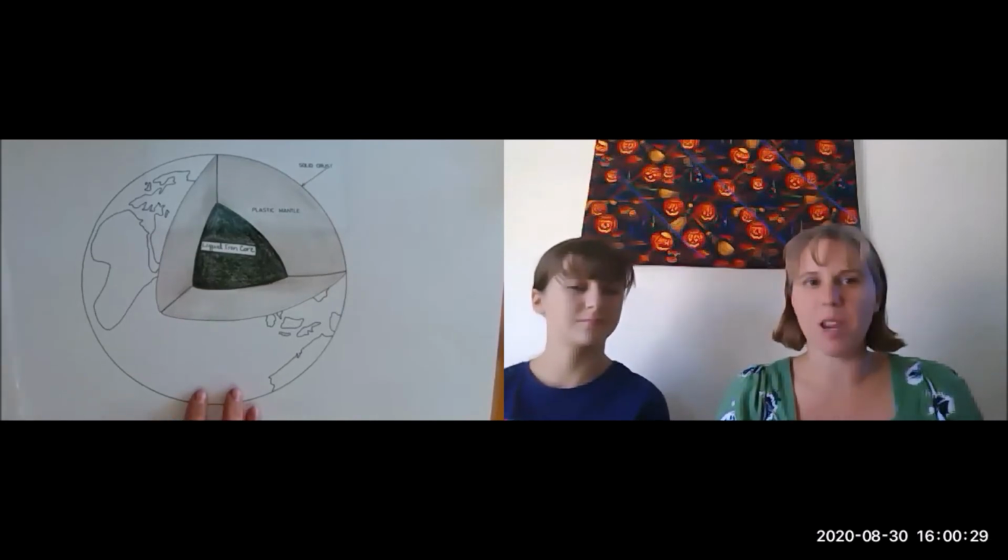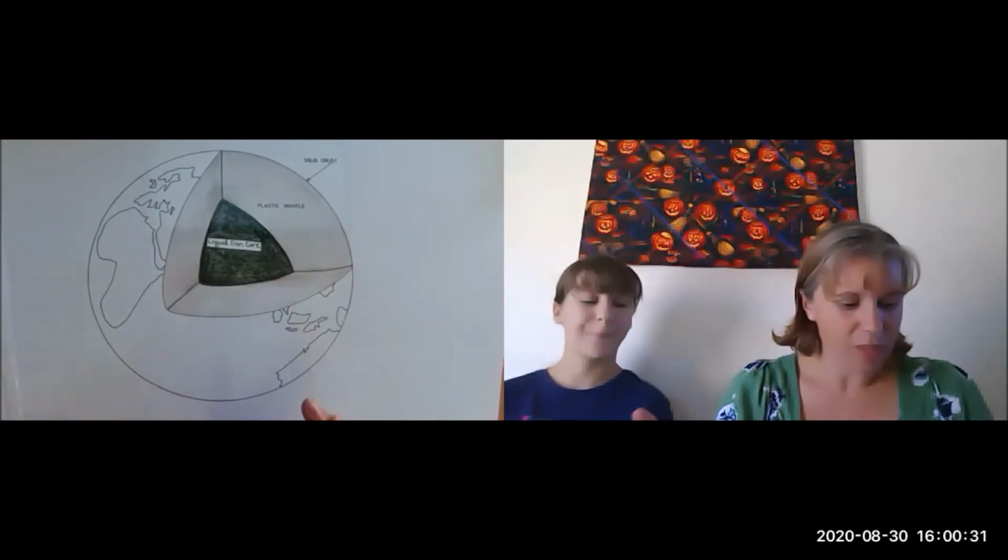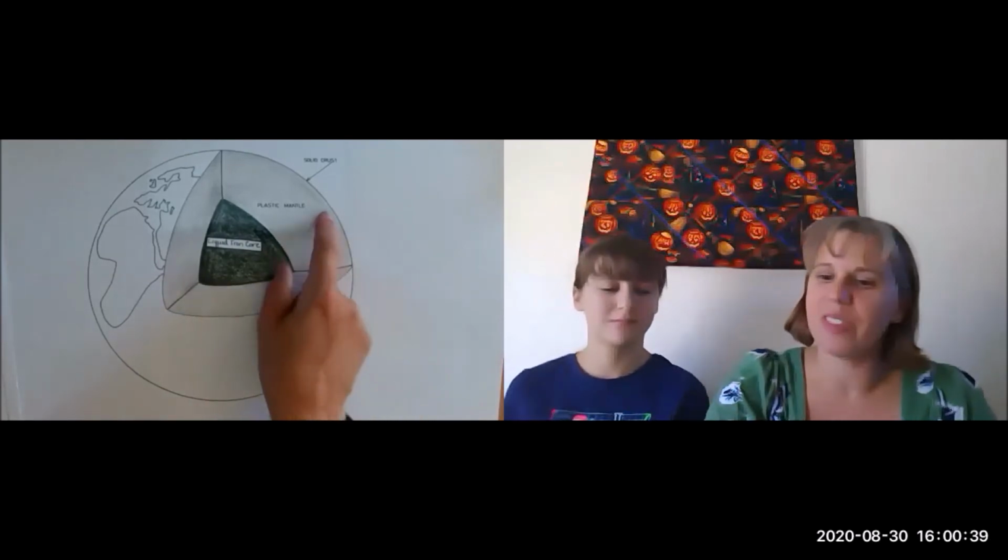Now I want to give you some measurements on this. The thickness of the mantle is about 1,800 miles thick. That's from the crust to the core, 1,800 miles across.